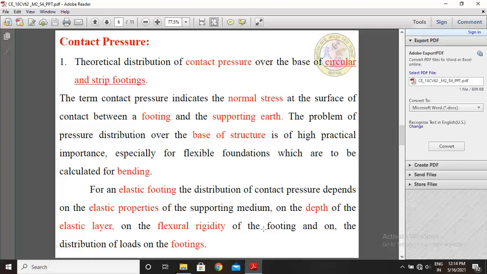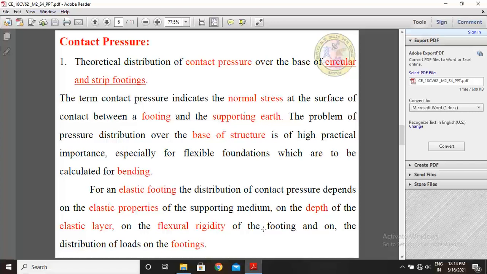The term contact pressure indicates the normal stress at the surface of contact between a footing and the supporting earth.